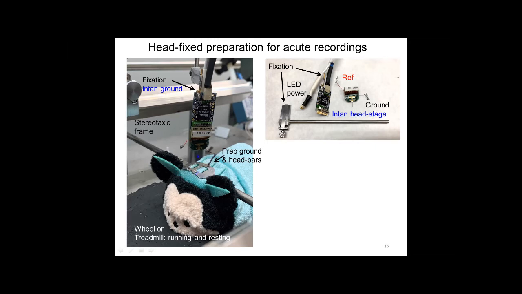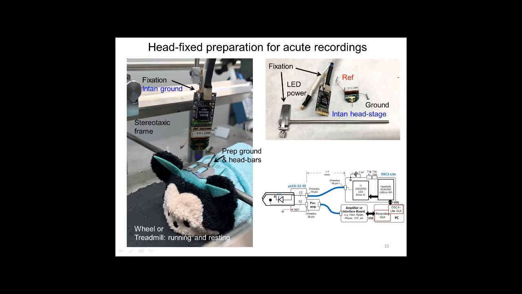And then we typically use Intan head stages. And what we do is that we solder a metal bar to the head stage ground in the PCB. And then we use the fixation system to hold the head stage this way, and therefore the whole preparation is grounded. Then with the ground connector, you can connect to the head plates that you have implanted in the animal, and then the preparation is ready for recording.